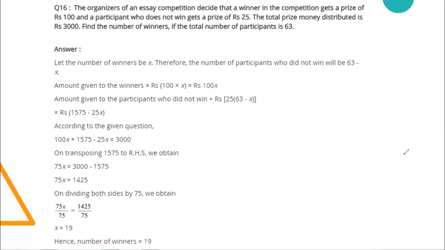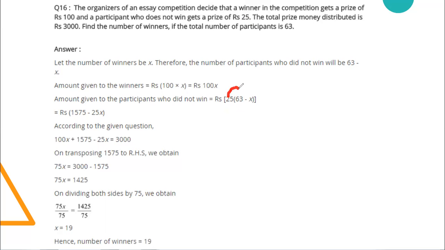Now, the next step, we'll just see who did not win. How do we do it? It's quite simple. It is rupees 25, right? Who did not win will get 25 multiplied by 63 minus x, right? So that's what is done here. Now, observe carefully.